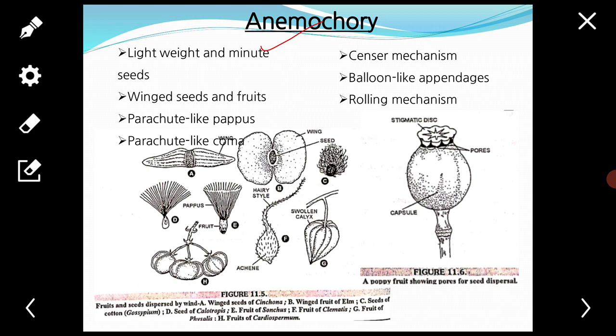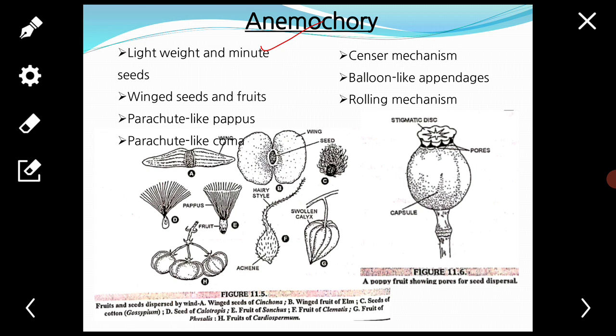Seeds of orchids are smallest in the plant kingdom. Each seed weighs only 0.004 gram and they can be carried to over 1000 km by the light wind.